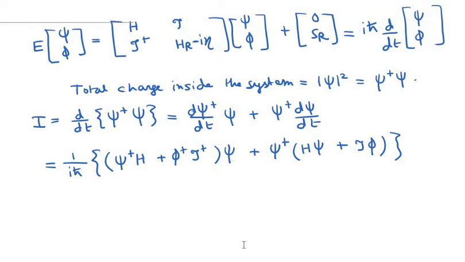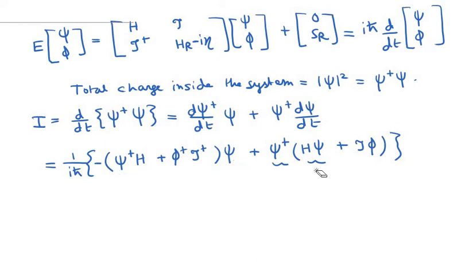Because of this i transforming into minus i, we should have a negative sign here. I forgot to add that, so let us add this negative term. Now we note that this term multiplied by this psi and this term are the same, and they cancel out each other.